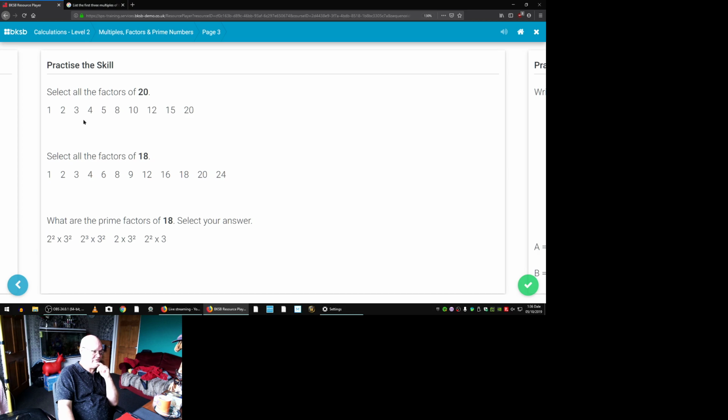Select all the factors of 20. Okay, what's a factor of 20? Can you remember what a factor is? A number that can be times by itself to be, yeah, because a factor is a number and a prime number is something that can't be a factor.